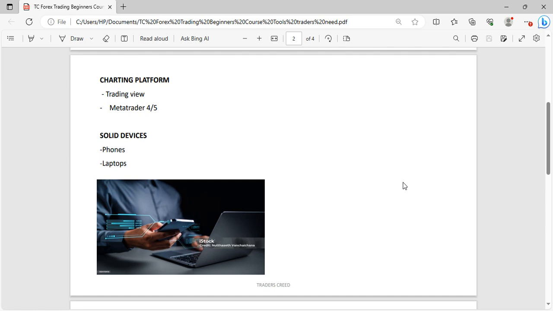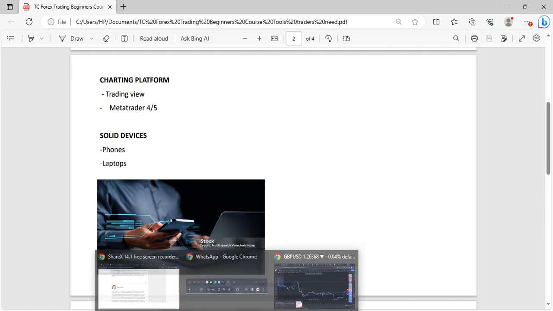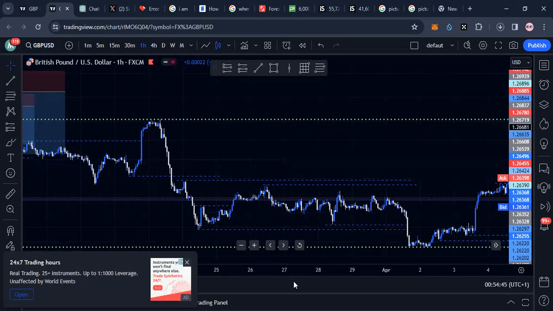The charting platform is where you as a trader analyze your trades and take your trades. There are different charting platforms out there, but I listed only the most popular two, which are TradingView and MetaTrader 5. I'm going to look at TradingView right now, and I'll also look into MetaTrader 5.